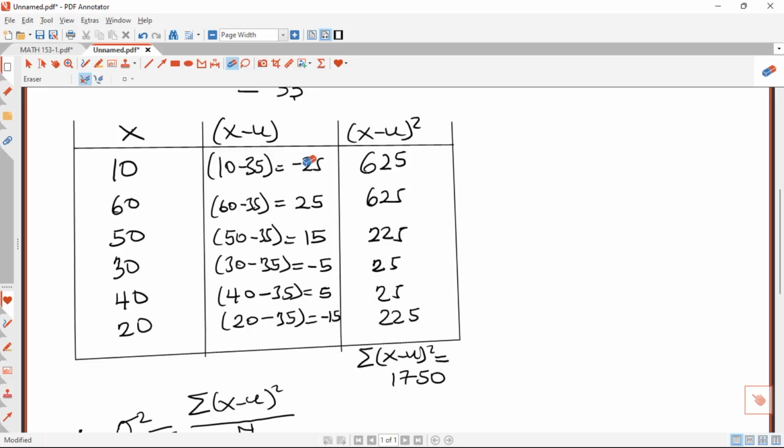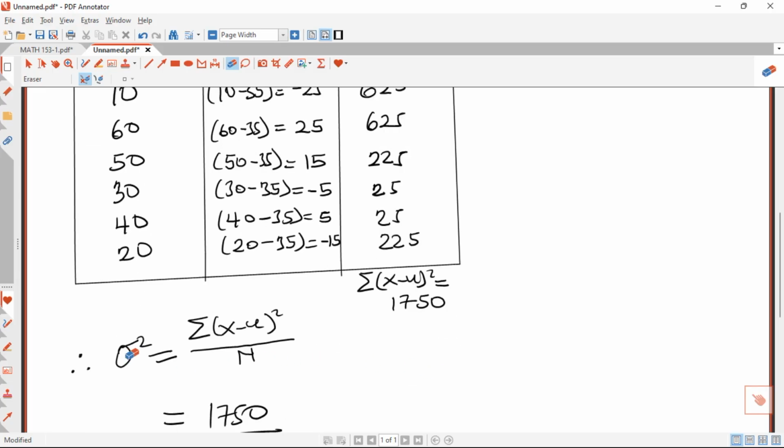When you square them, we get 625 for the first, 625 for the second, 225 for the third, 25 for the fourth, 25 for the fifth, and 225 for the sixth. When we sum everything, we get 1750 for the summation of x minus mu all squared.